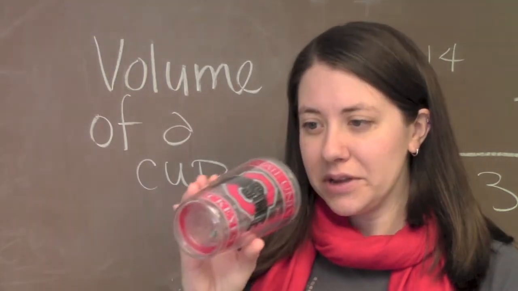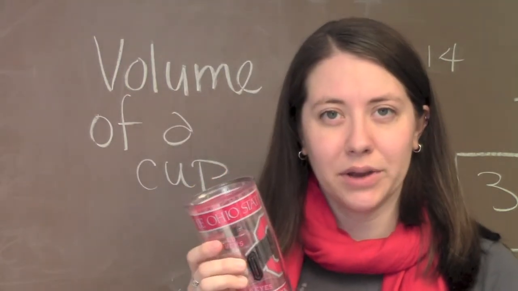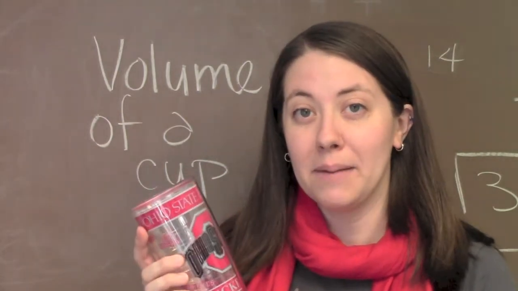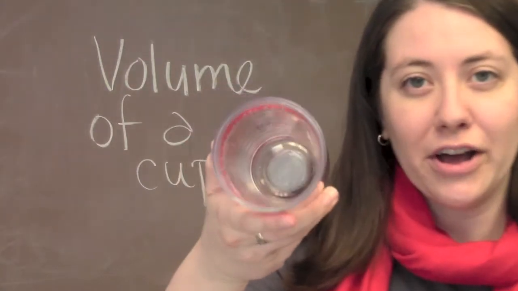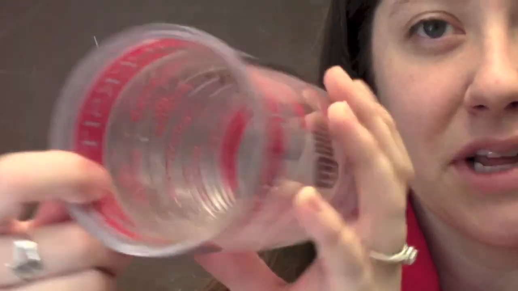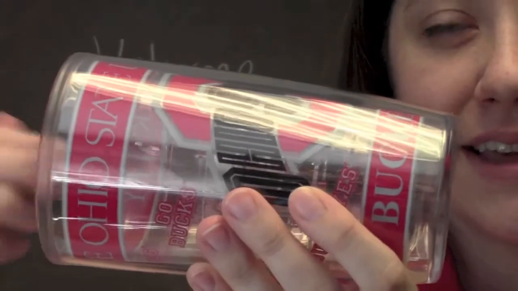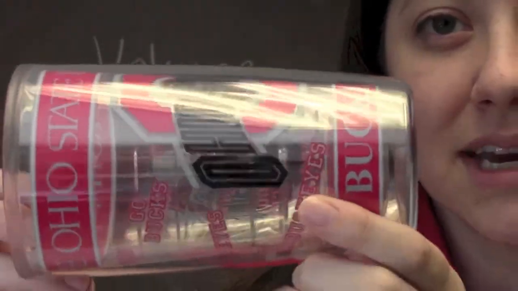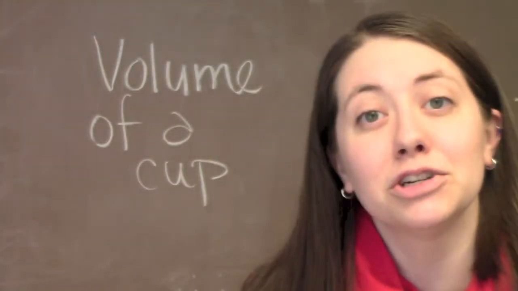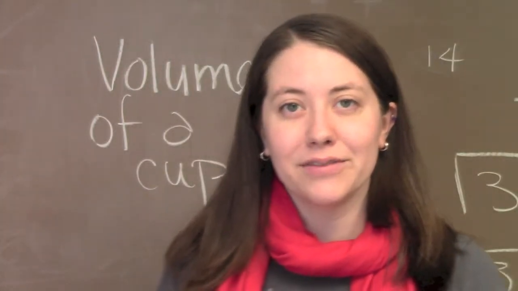Well, if I look really closely at my cup and what's going on here, this is actually what's referred to as a double-walled cup, right? So if I look, I can see that the rim of the cup is actually pretty thick, right? As I turn it, the inside of the cup is really a lot smaller than the outside of the cup. When I did all my measurements, I measured the outside of the cup.